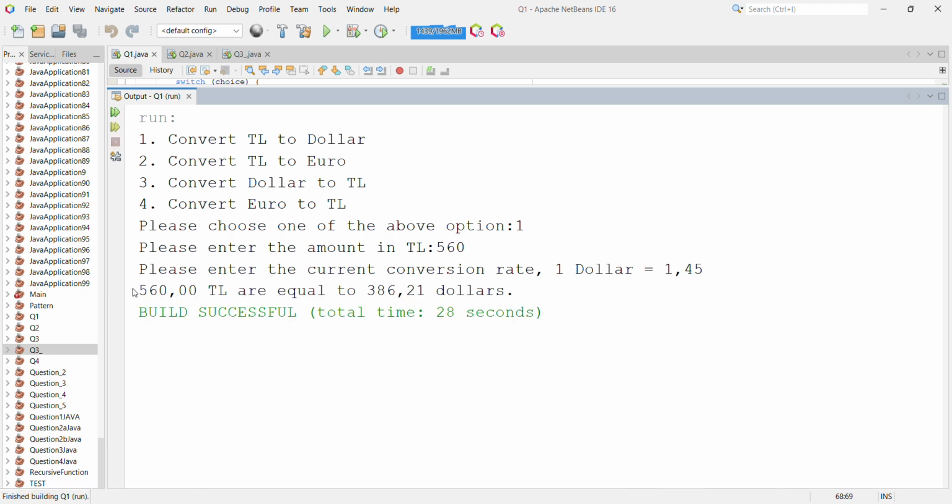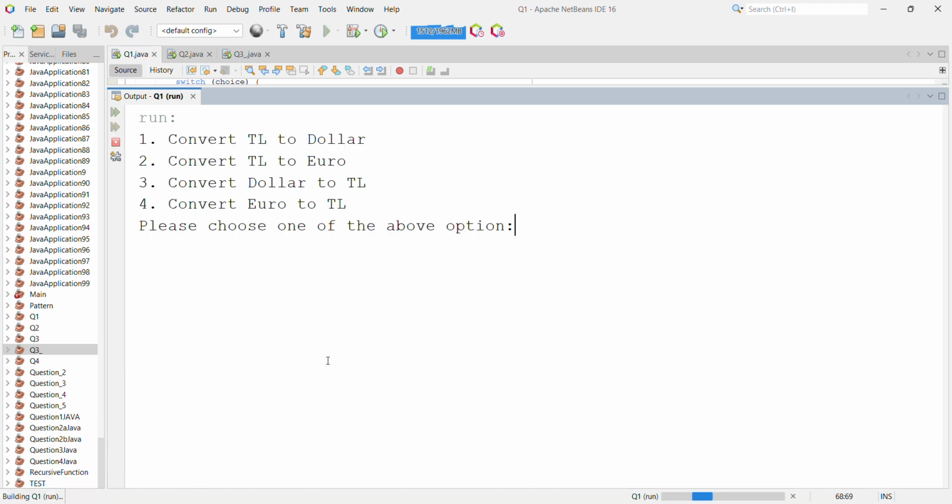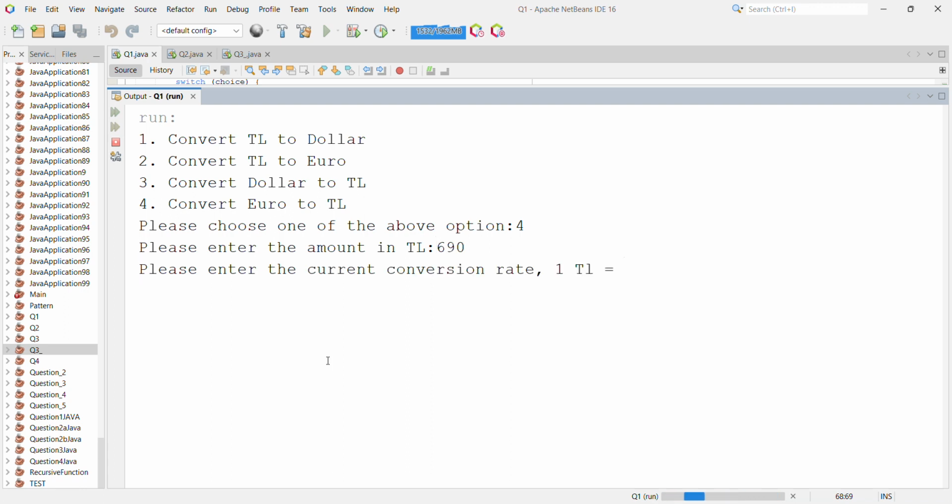The result, as we can see. Another example, I will choose 4. The amount is 690. Current conversion rate 1.75.